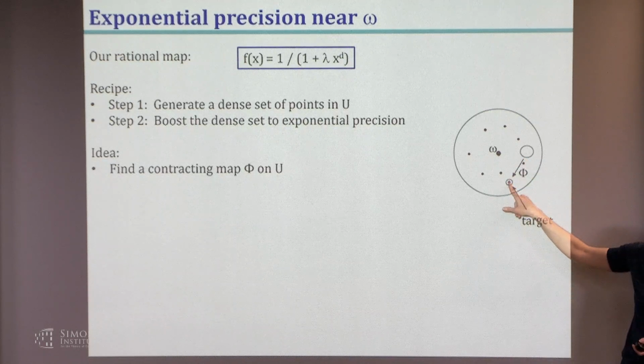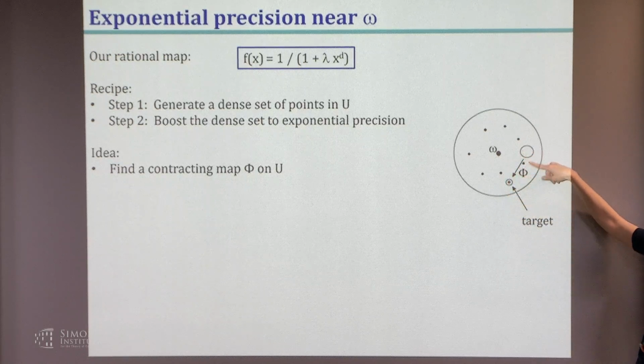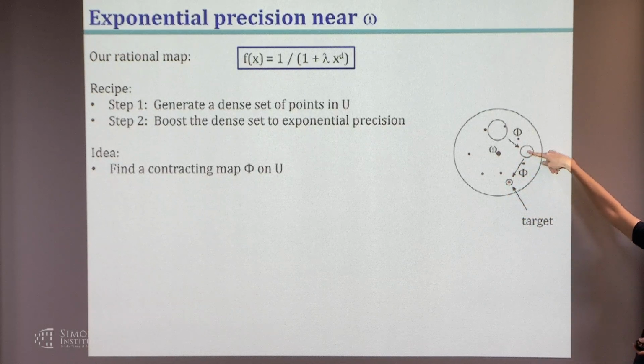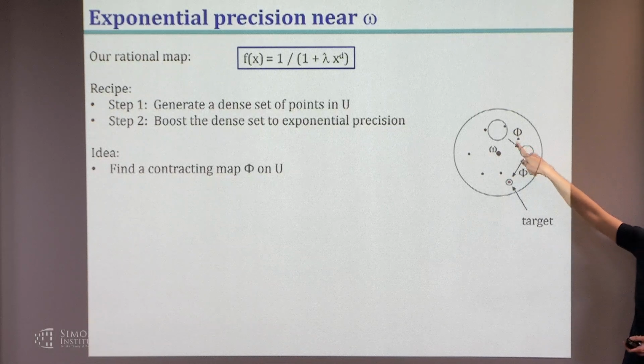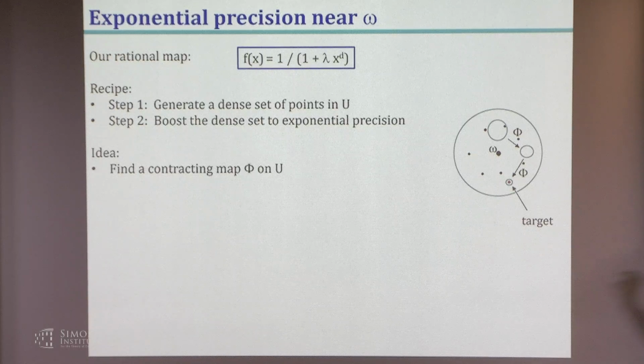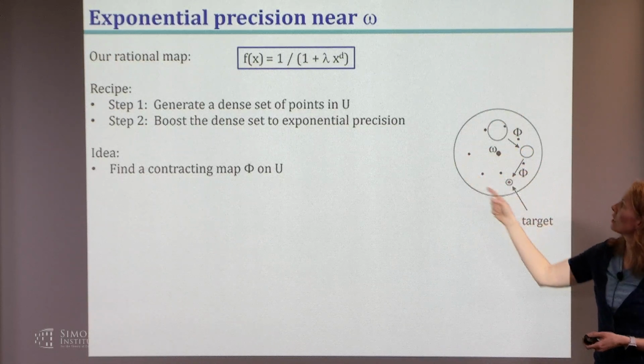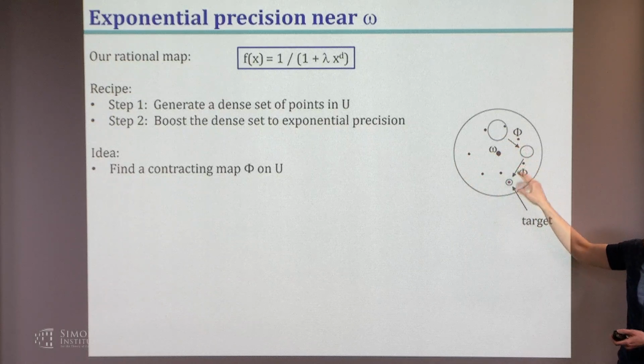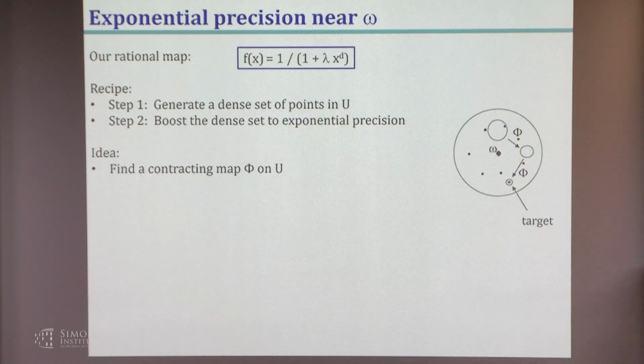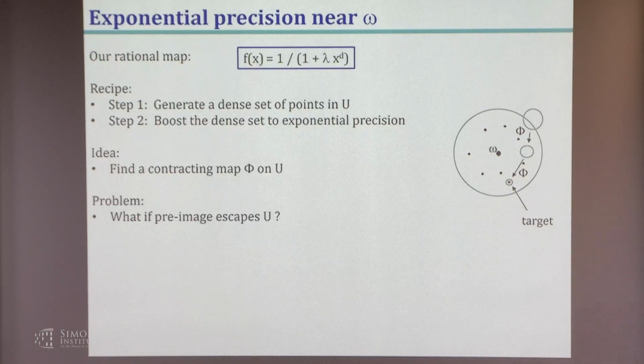And so when this is my target, I can compute backwards where I should have been with this map, and I go backwards until I have a point at a desired precision in the neighborhood. And then I can just apply the map forwards, and because the precision always keeps getting smaller and smaller, I will get close to my target with exponential precision. That's roughly the intuition. There is some technicality that needs to be worked out, but there is a problem. The problem is that the map that I have could escape.